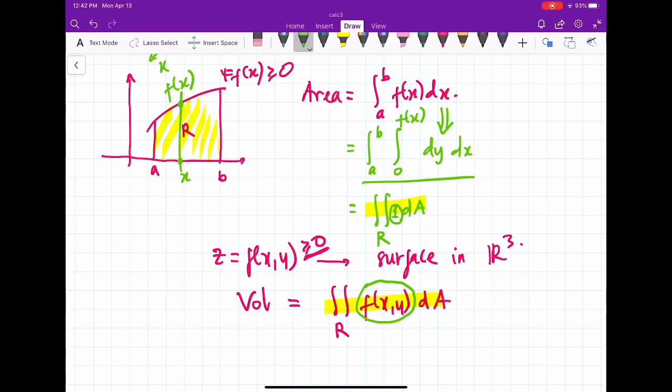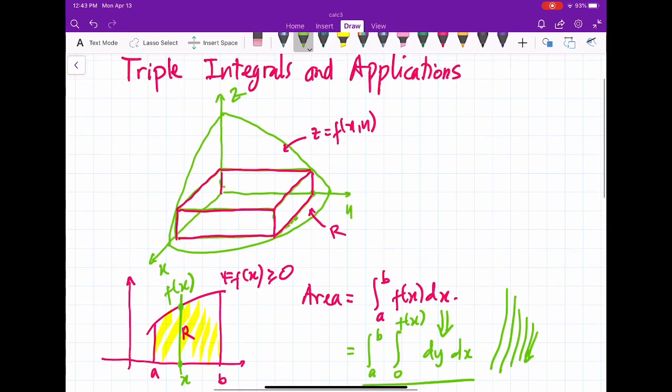Okay? And by the logic of this picture, I might think, yes, maybe I can move this function, that is z equal to f of x and y, to the integration limit of a triple integral. Make sense? So you may think like this.